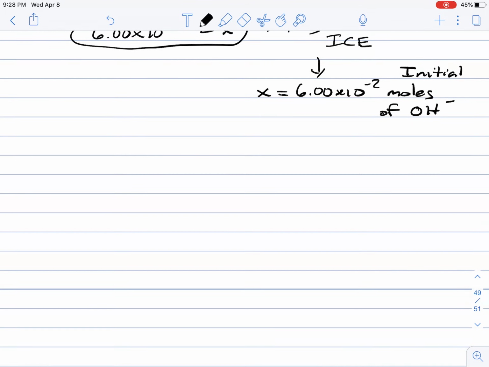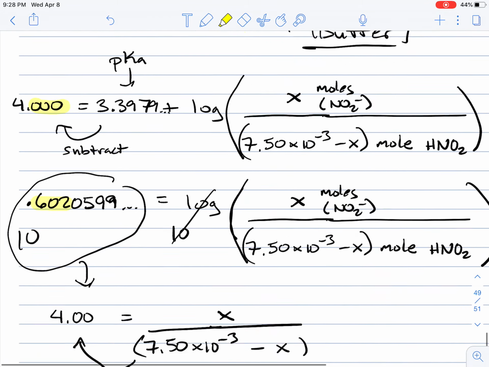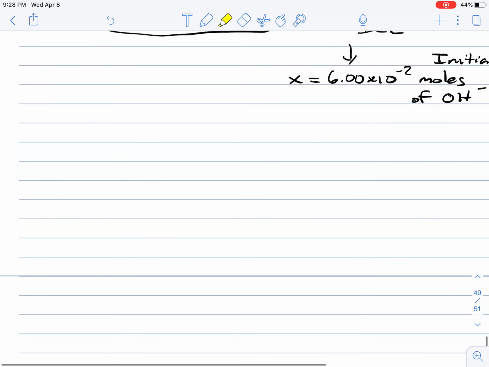And so if I wanted to figure out the volume, we're going to be using the concentration of this sodium hydroxide. And so the concentration is 6.00 molar. And remember, molarity contains units of moles and volume.